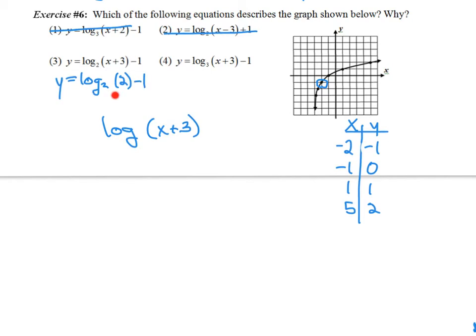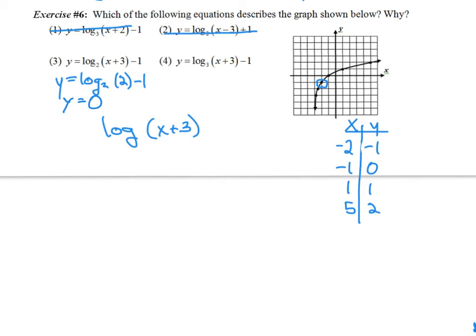And when I calculate this, log to the base 2 of 2 just means what's the exponent that 2 has to be raised to give me a 2? And that answer is 1. So when I subtract 1 minus 1, that gives me an answer of 0. And I see that yes, indeed, -1, 0 is on the graph that I'm looking for.